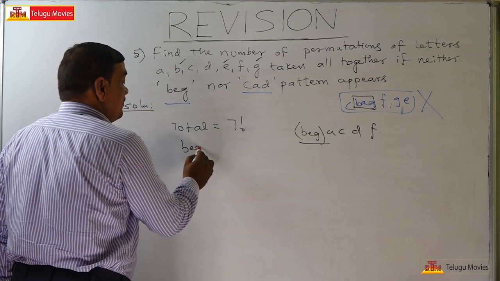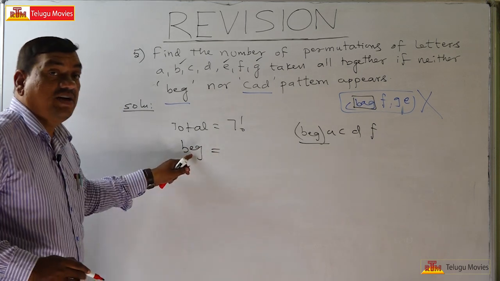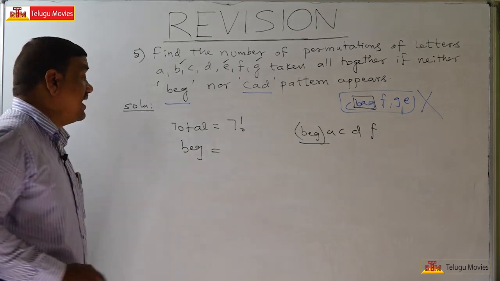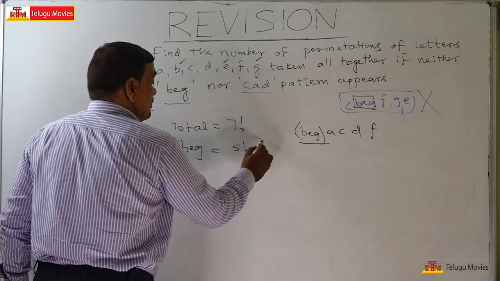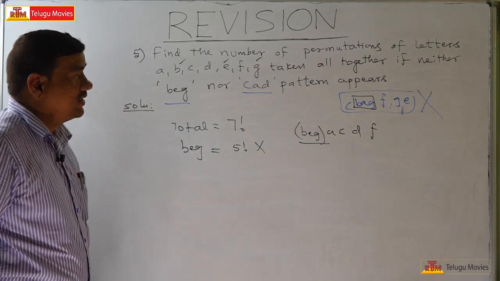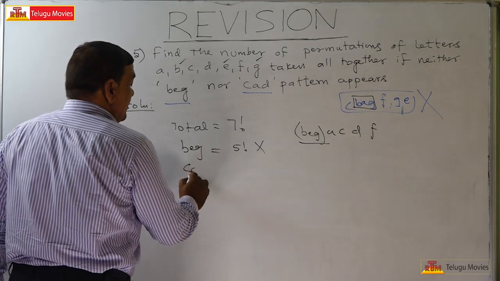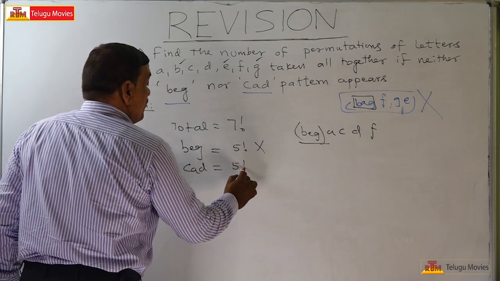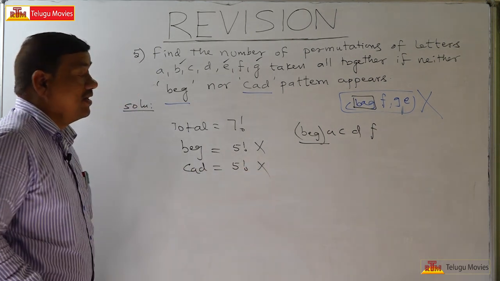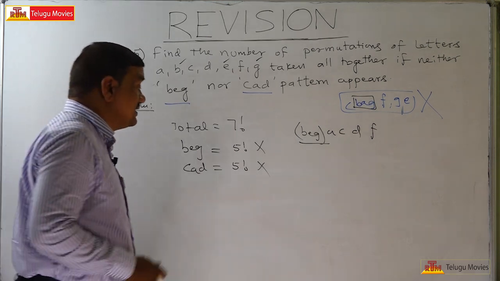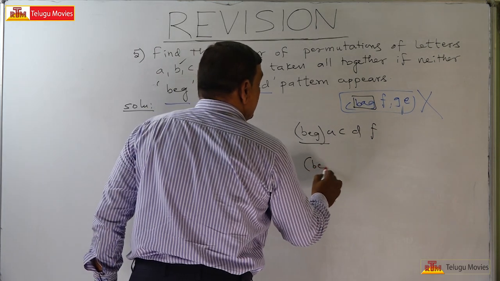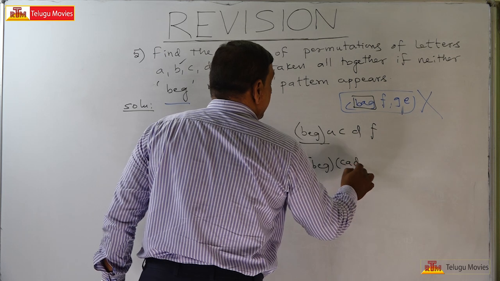That means the number of arrangements in which BEG appears is 5 factorial. This you don't want. Similarly for CAD, this is also 5 factorial. You don't want that either.